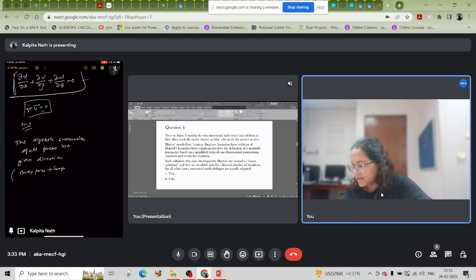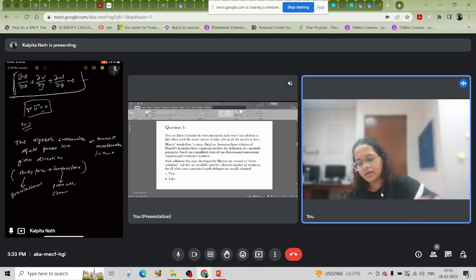Surface forces are pressure force and shear force, and body force is gravitational force. Okay, so this is equal to mass into acceleration in that direction.